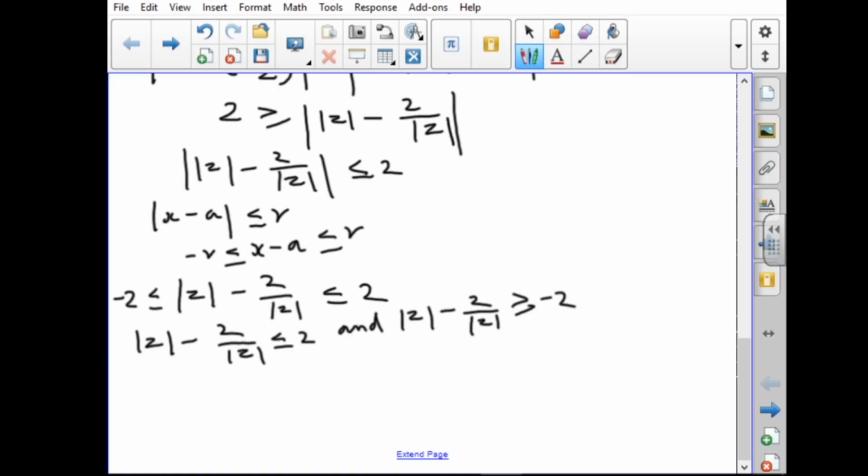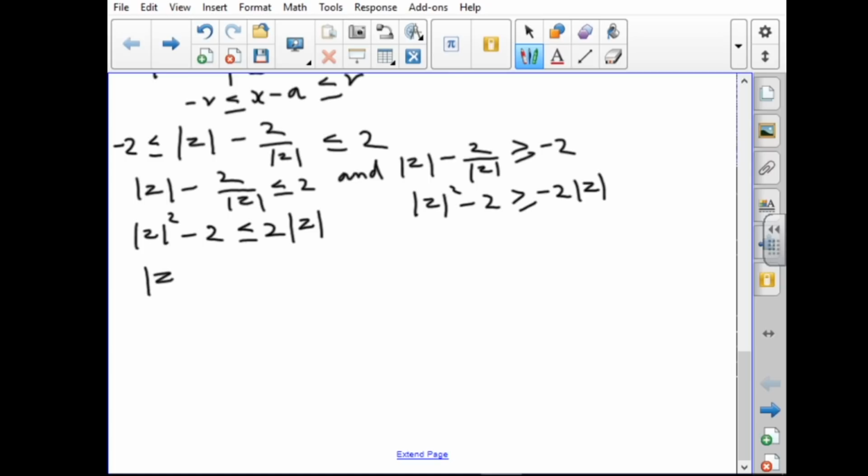Multiply throughout by modulus of z, because here we are having modulus of z in the denominator. We get modulus of z square minus 2 is less than or equal to 2 into modulus of z. And similarly, here we get modulus of z square minus 2 is greater than or equal to minus 2 modulus of z.